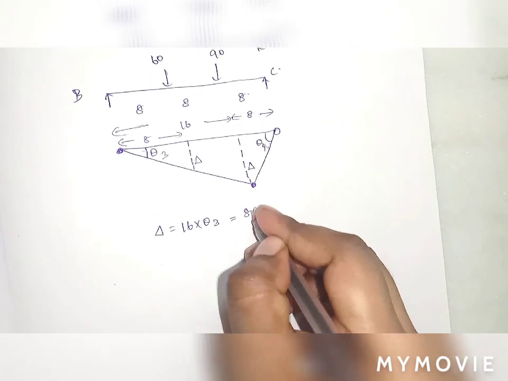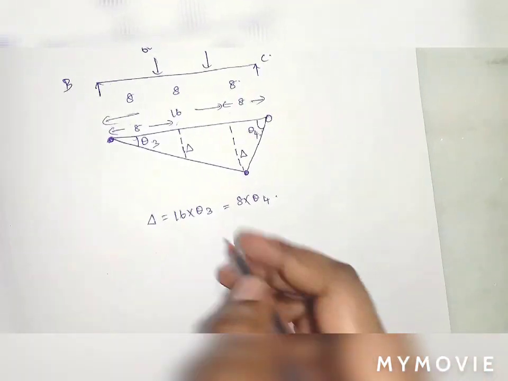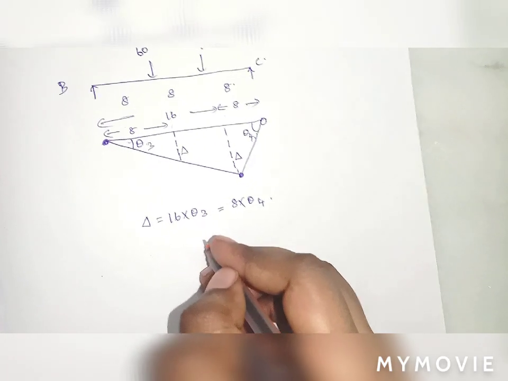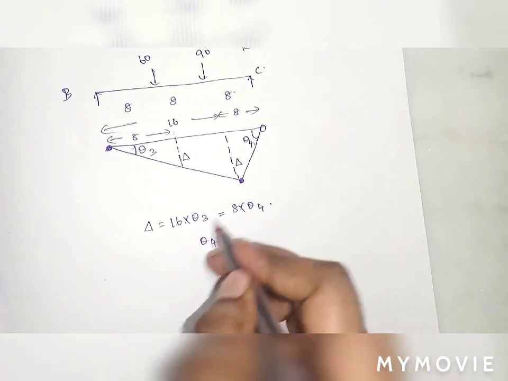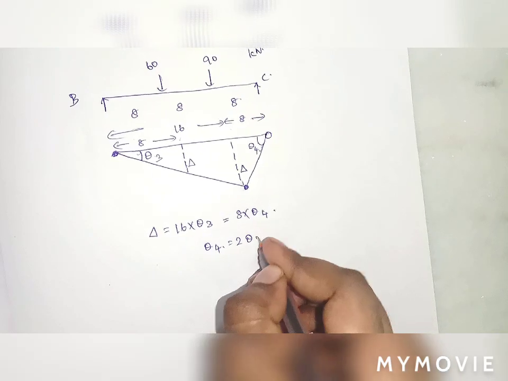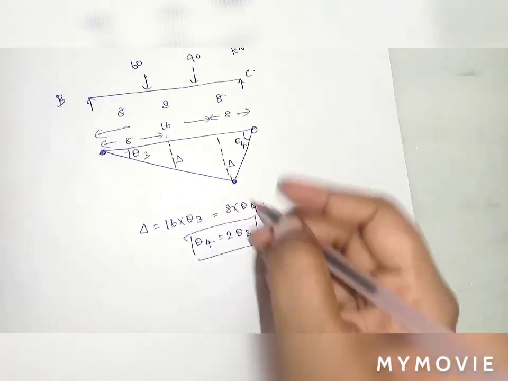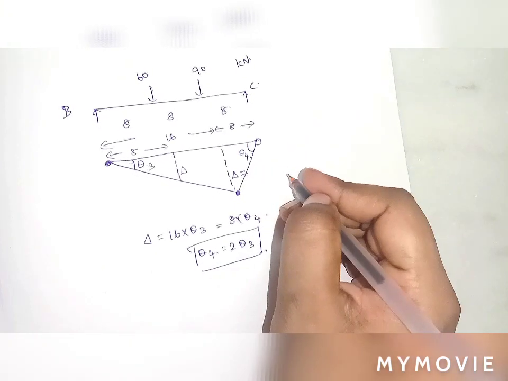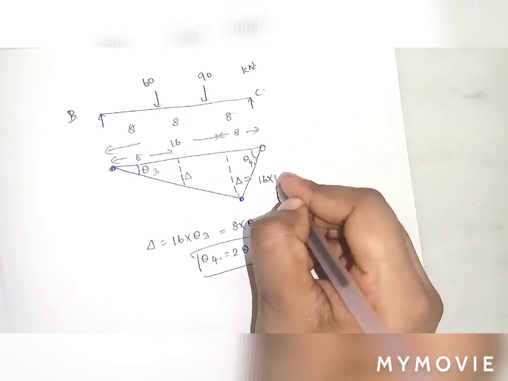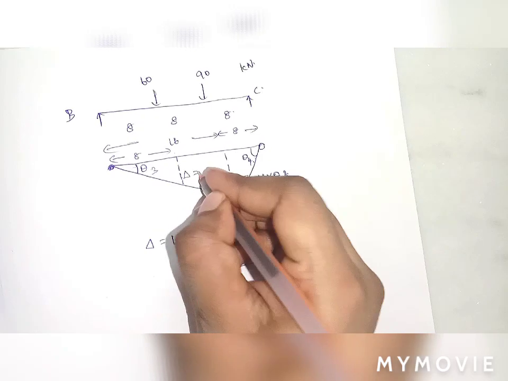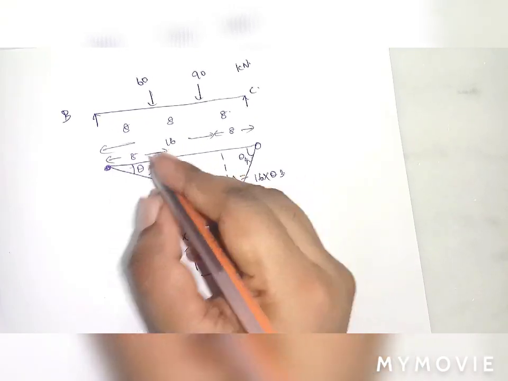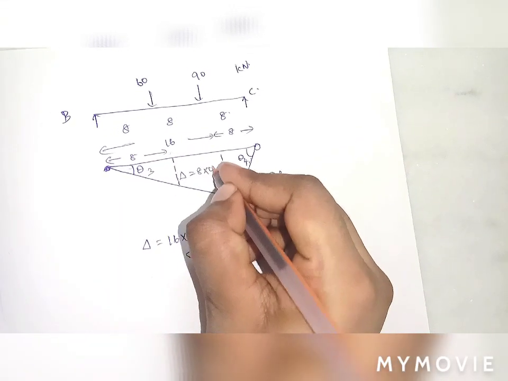Hence, you can say that theta 4 is equal to 16 by 8, which is 2 into theta 3. So wherever you get theta 4, you can say it as 2 into theta 3. This deflection is equal to 16 into theta 3. And this deflection is equal to 8 into theta 3, this distance.